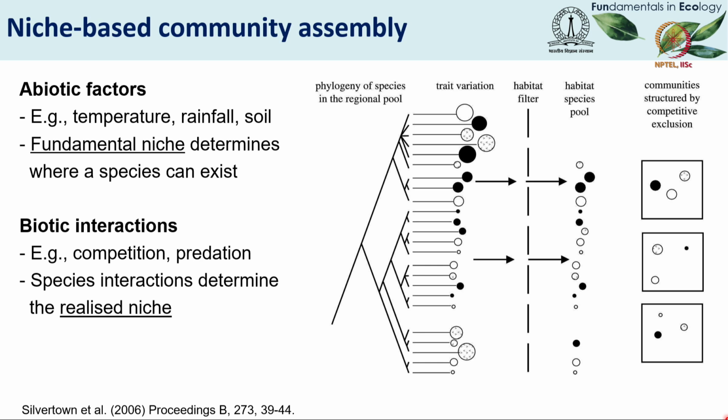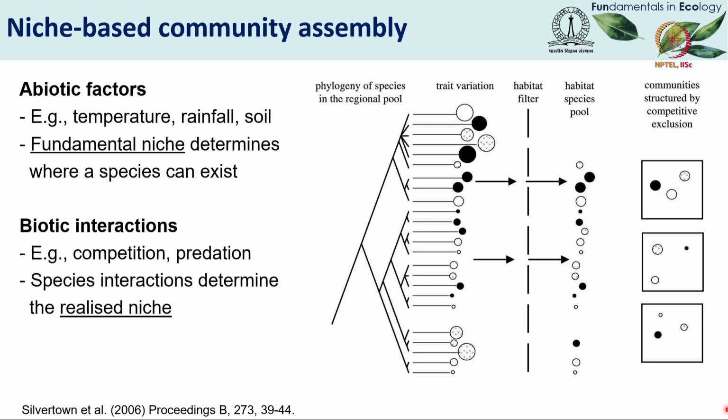So that's what selection through biotic interactions is doing: 2 species that are likely to compete, one of them will competitively exclude the other, and therefore you're going to end up with the habitat species pool being composed of species that are similar to each other in some very important characteristic of the fundamental niche, because the habitat imposes some filter and allows only species that are similar in some respect, for example temperature tolerance, to pass through.